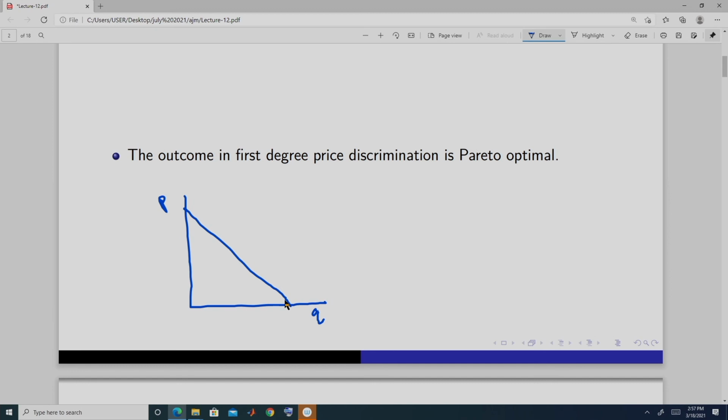So, the aggregate market demand curve is this, and suppose the marginal cost is this, it is CRS, then the monopolist is going to sell this much amount to each consumer, and the price each consumer has to pay is this whole area.